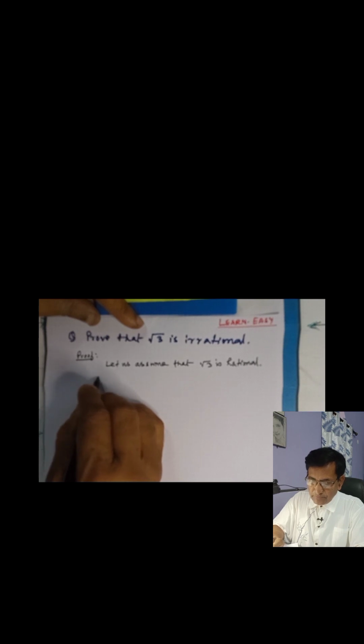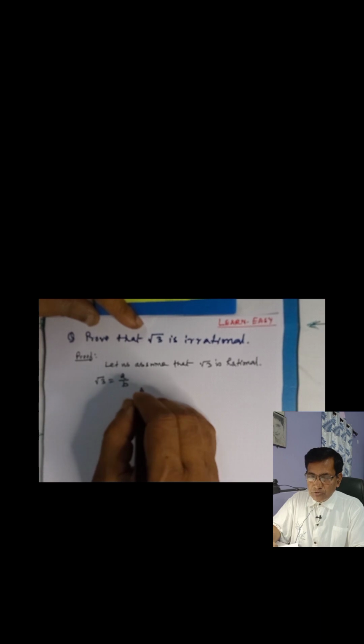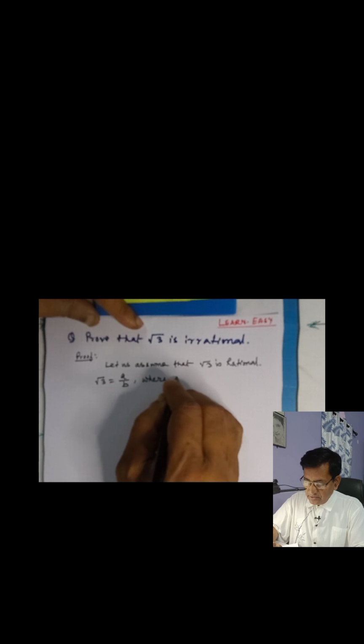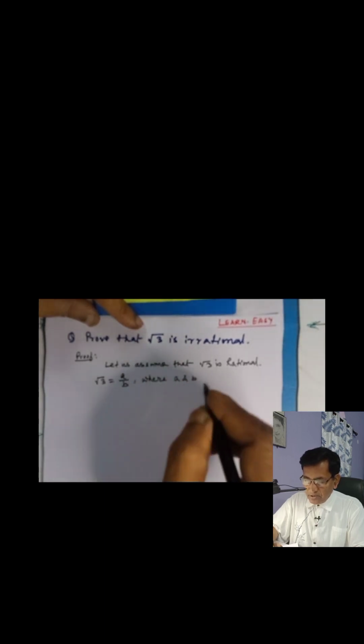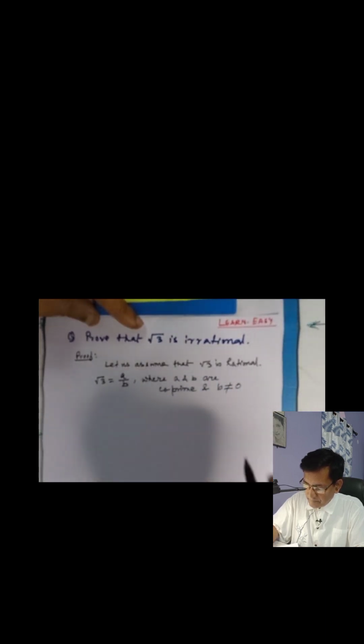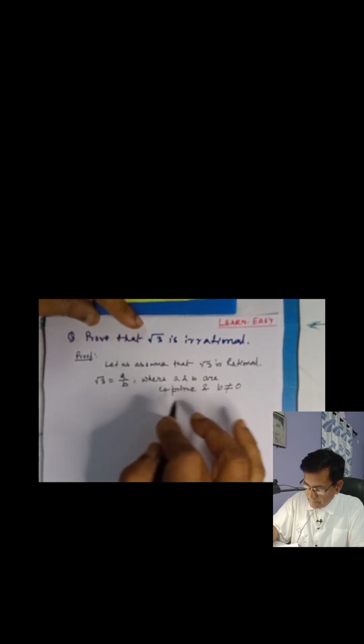When it is rational, root 3 is equal to a by b, where a and b are co-prime and b is not equal to 0. Co-prime means a and b will not have any common factor other than 1.